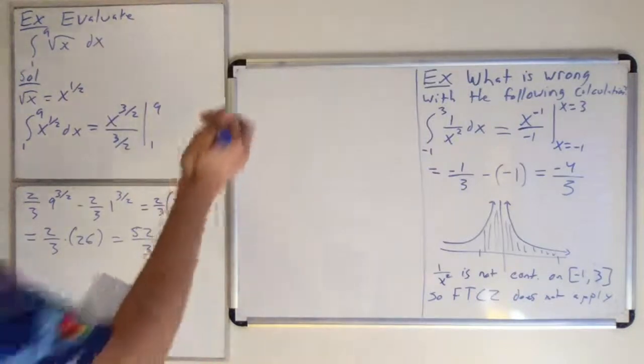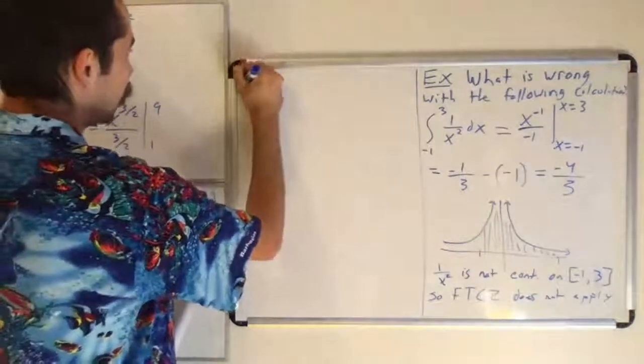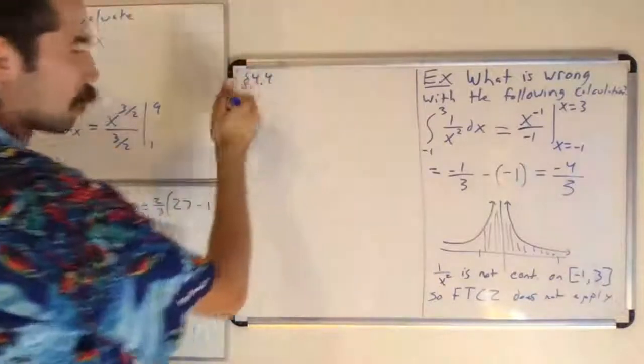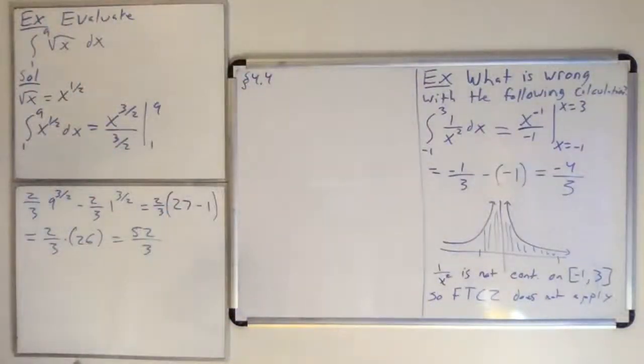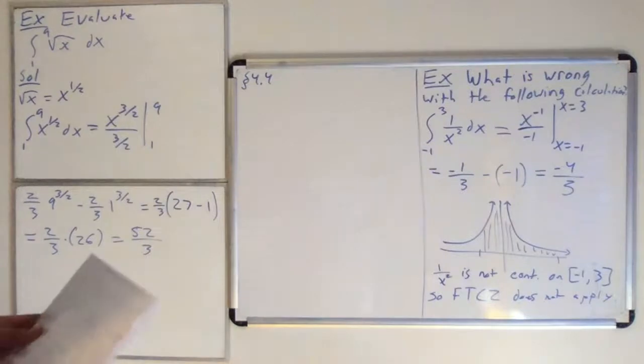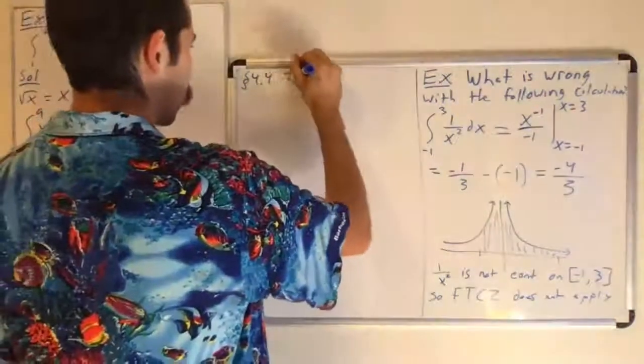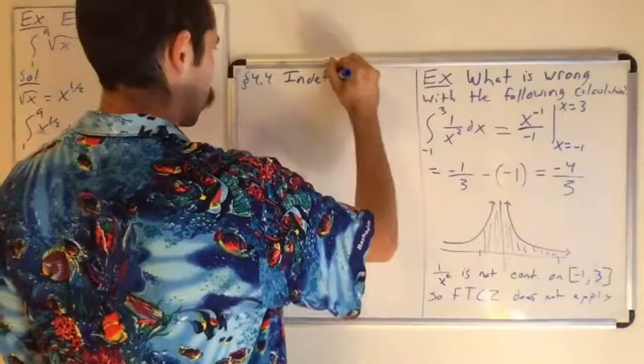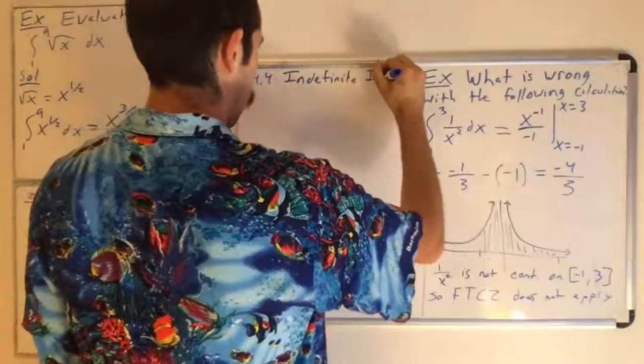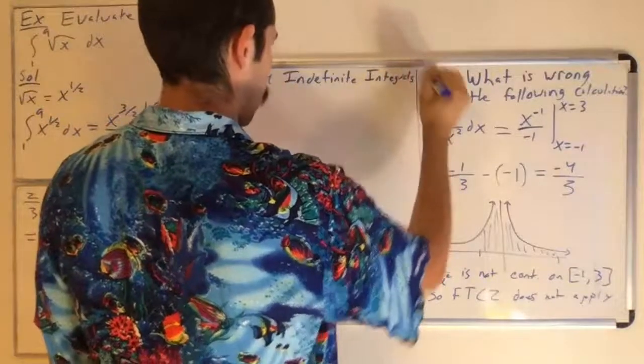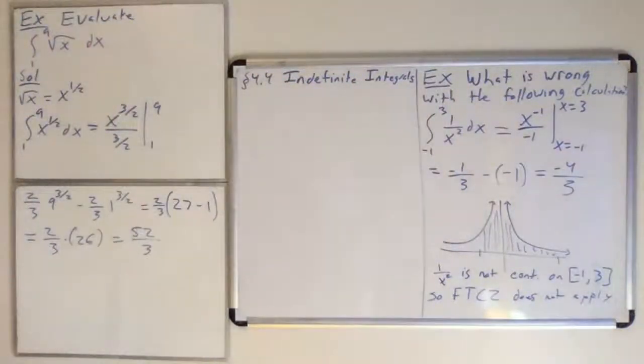Okay, let's move on to section 4.4. I mean, all these, 4.3, 4.4, 4.5, they're all kind of a continuation of each other. So this is indefinite integrals. Basically, we're going to use this integral notation to represent antiderivatives.